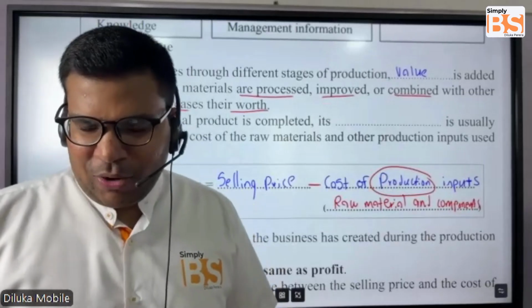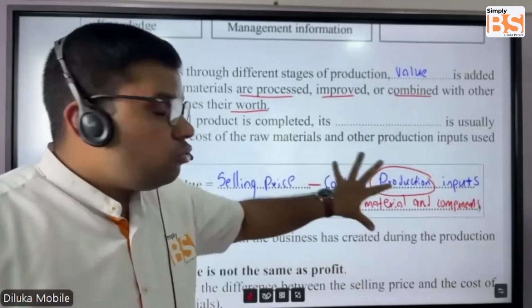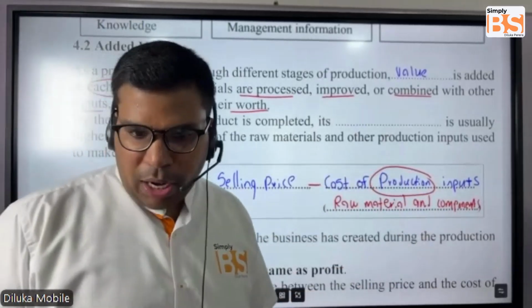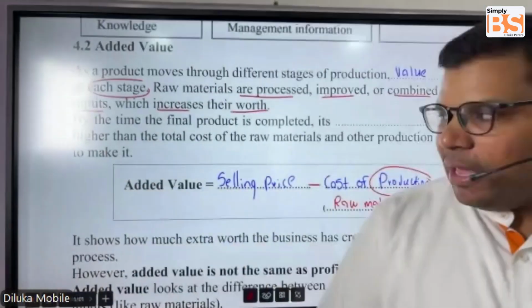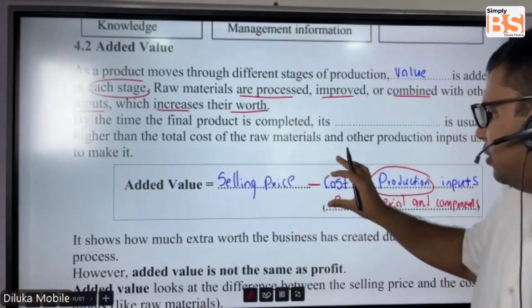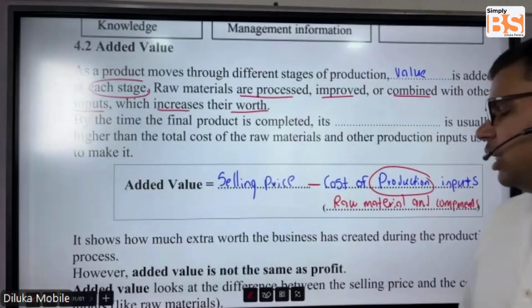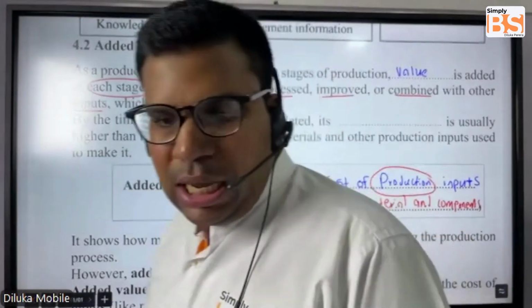For production, we very specifically use raw material very directly. So anyway, how to calculate added value? From the selling price, we have to subtract the cost of production inputs.